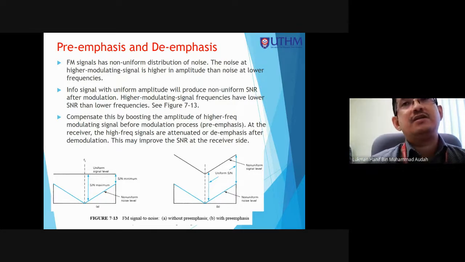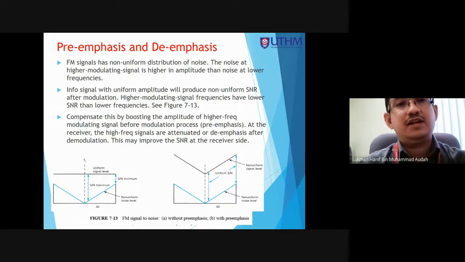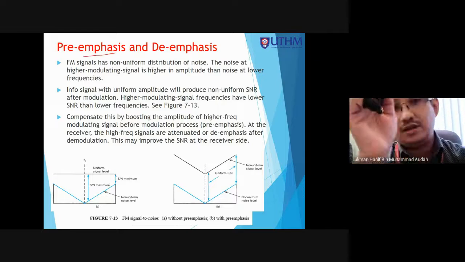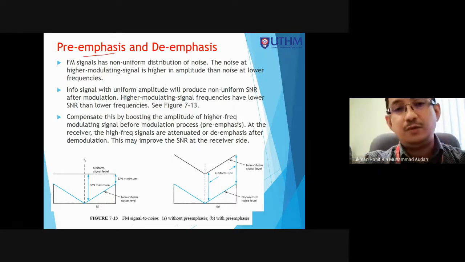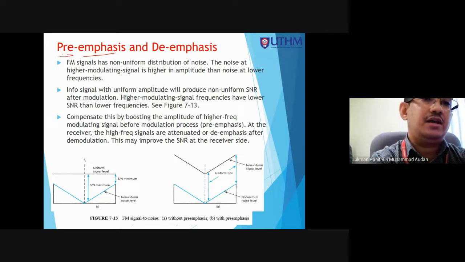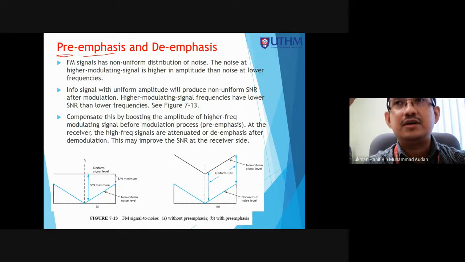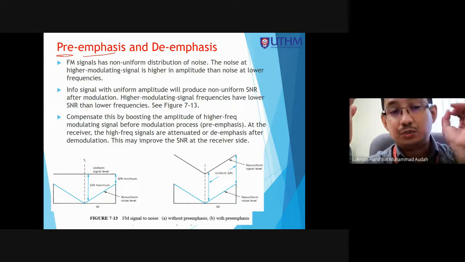Pre-emphasis means that we increase the amplitude. We emphasize, we make it bigger. Pre here, ini sebelum proses, maksudnya sebelum berlakunya sesuatu proses.